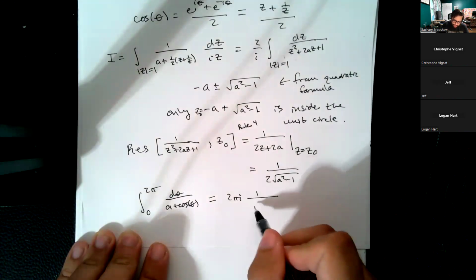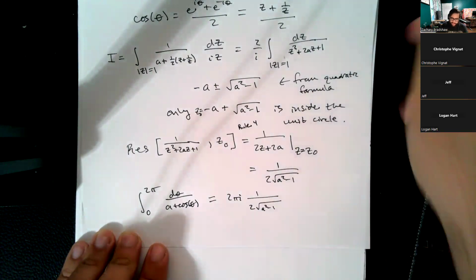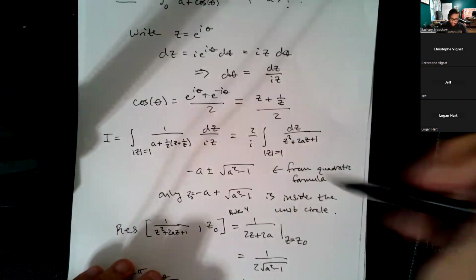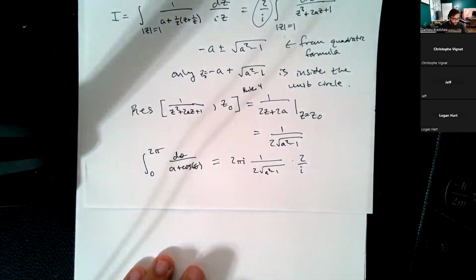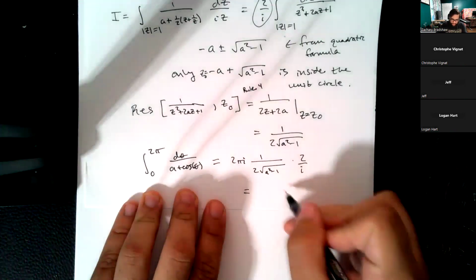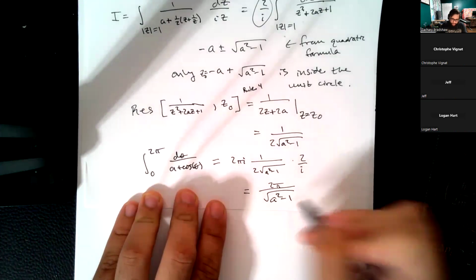There's only one residue here. And I'm missing a factor of 2 over i that's hanging out over here. And this is 2 pi over square root of a squared minus 1.